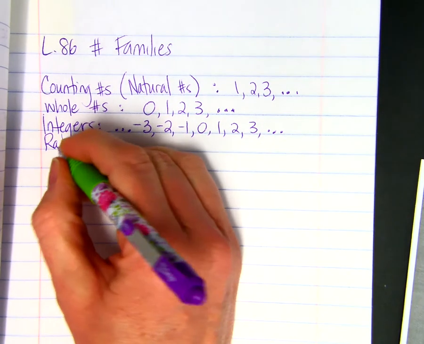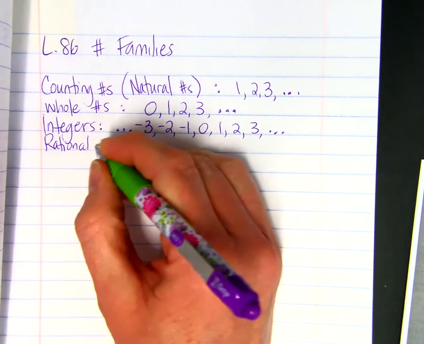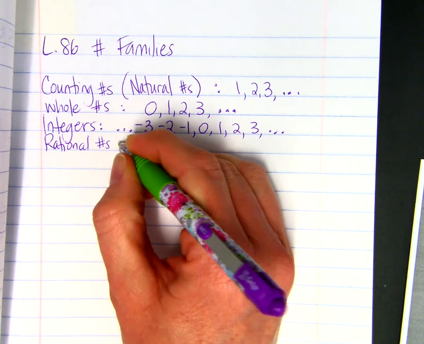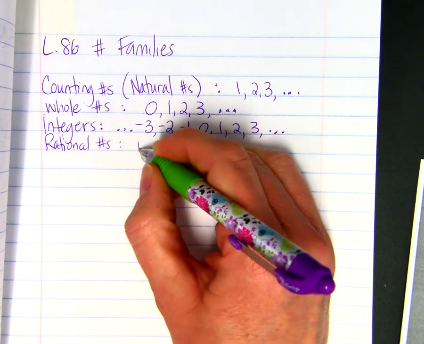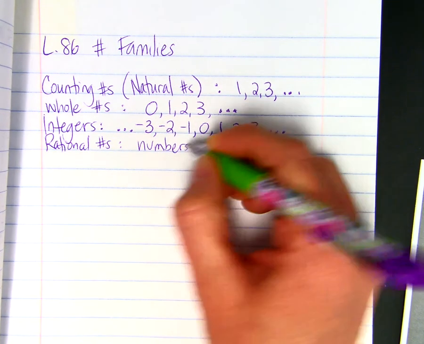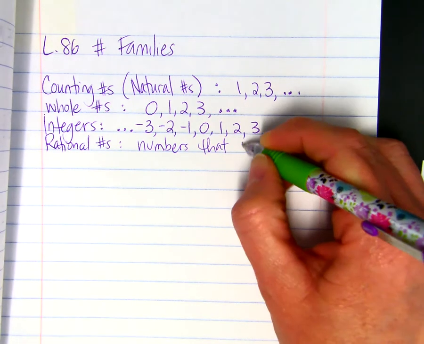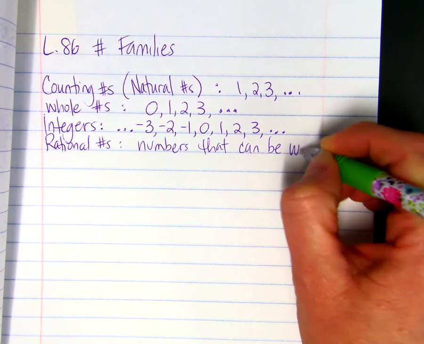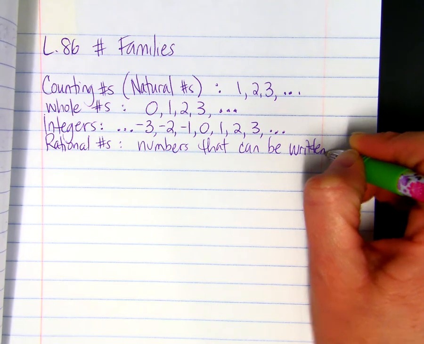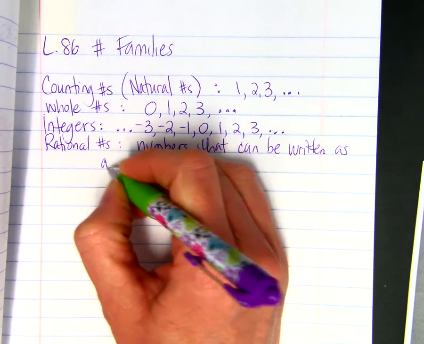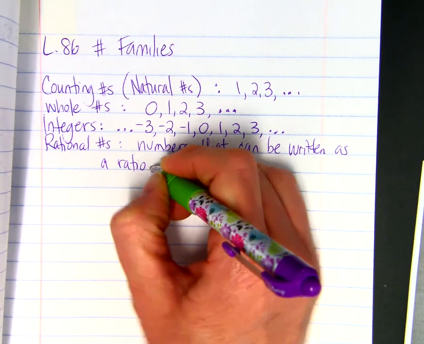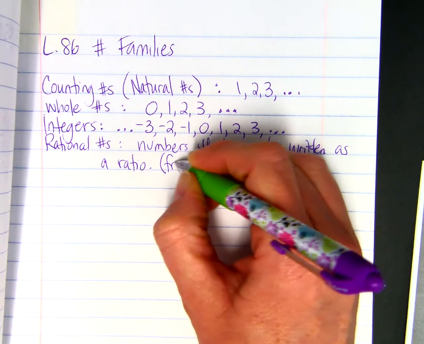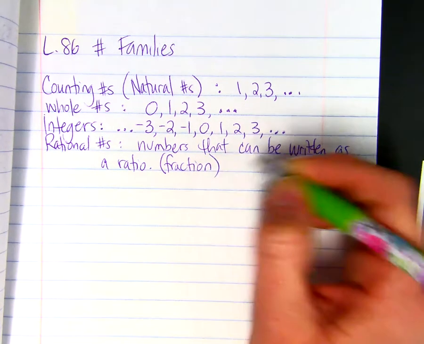So rational numbers, these are numbers that can be written as a ratio. And if you remember, a ratio is another word for a fraction.